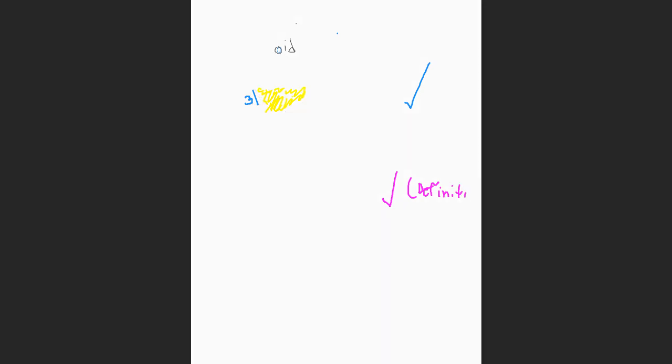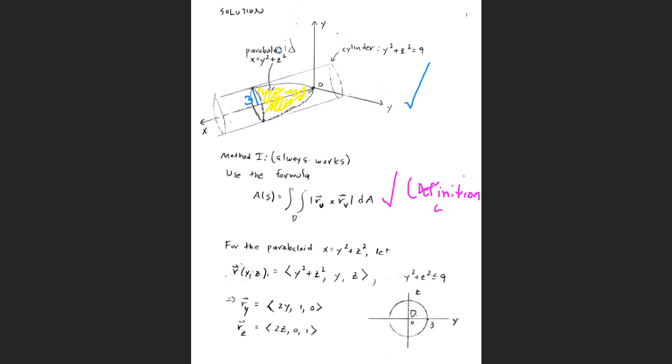That's definition 4. Okay. So the surface, and maybe I will also add an S here. This is my surface. The surface is the paraboloid.